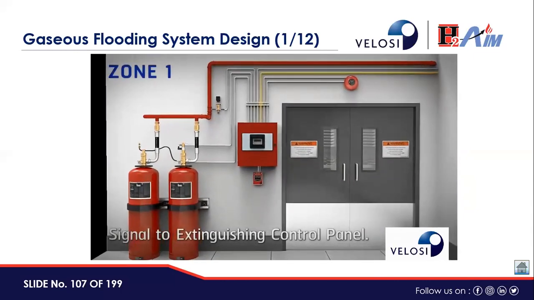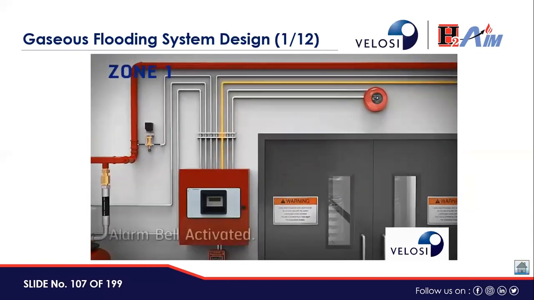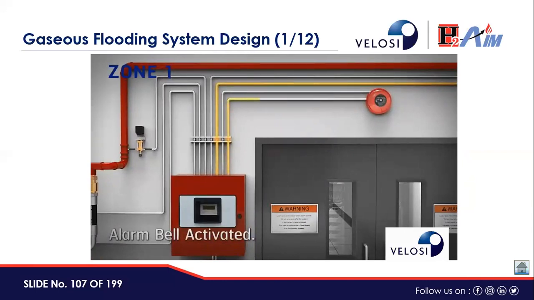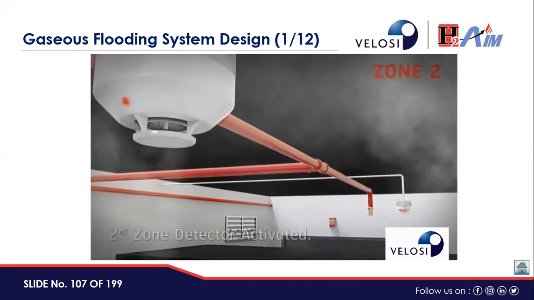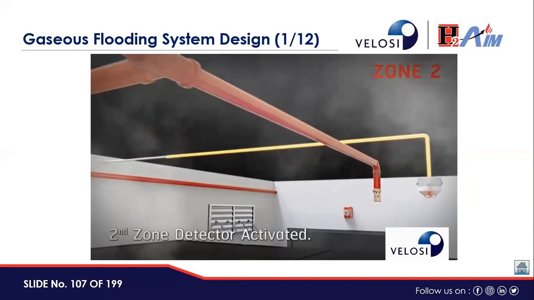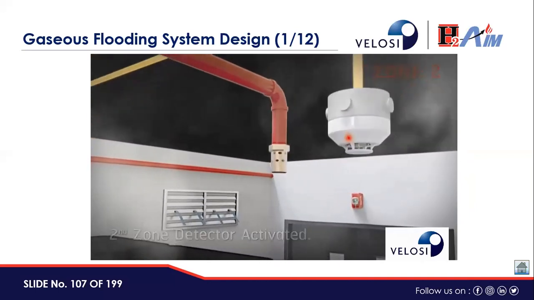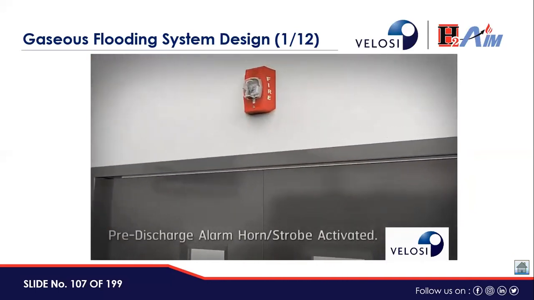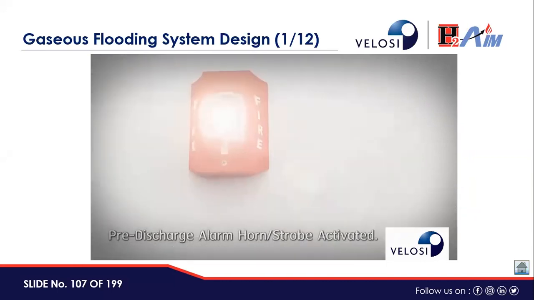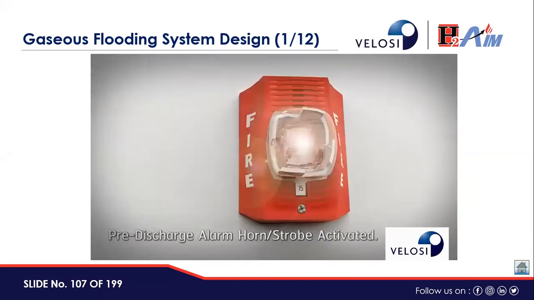It sends the signal to the extinguishing control panel, and it sounds the alarm. Alarm bell is activated. Then the smoke reached the second zone of the detector as well. Pre-discharge alarm is activated.